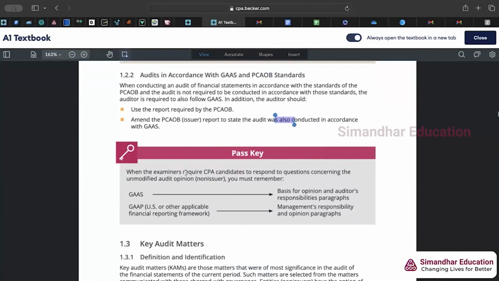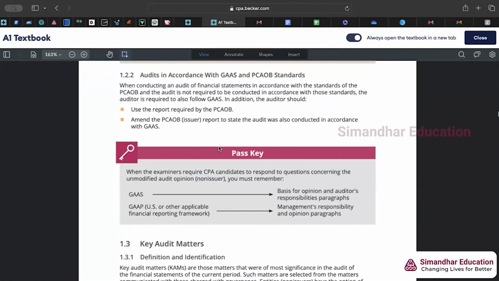Okay. When examiners require CPA candidates to report on questions concerning an unmodified audit opinion, you must remember in case of non-issuers, if it is anything related to auditing standards, it goes to basis of opinion and auditor's responsibility. If it is anything related to GAAP, it is the management's responsibility paragraph and opinion paragraph.